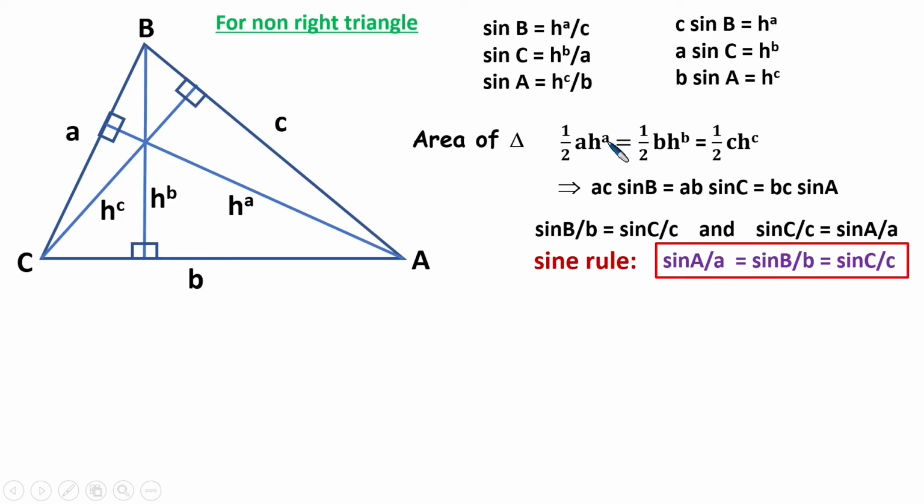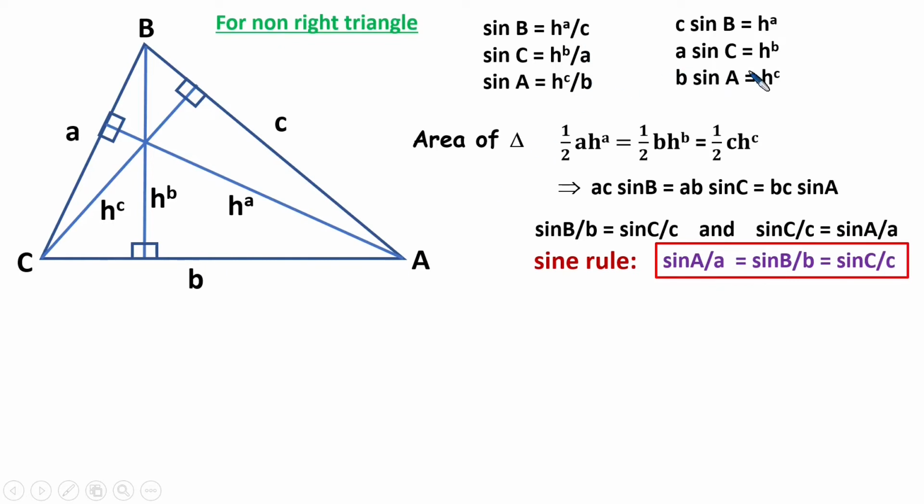So how do I find HA, HB and HC, which are perpendicular to A, B and C? I can write sine B equals the opposite side HA by C. Similarly, sine C equals the opposite side HB by hypotenuse A. And sine A equals the opposite side HC by hypotenuse B.